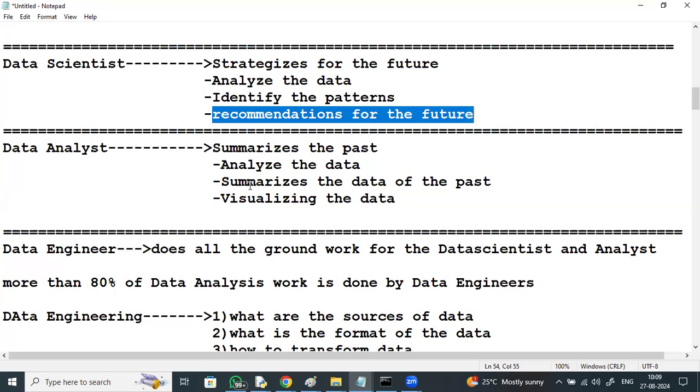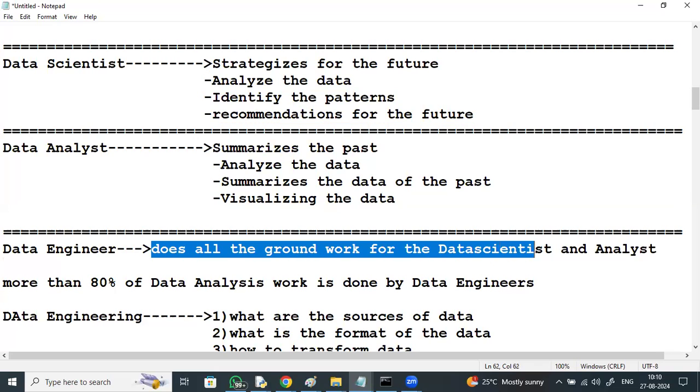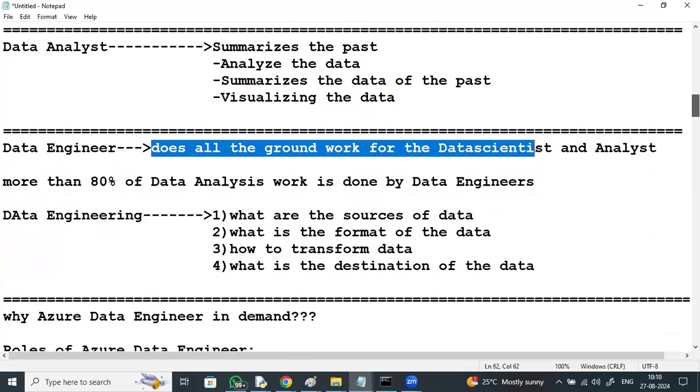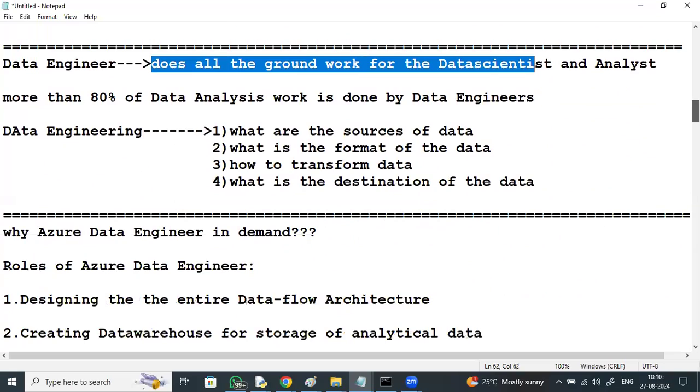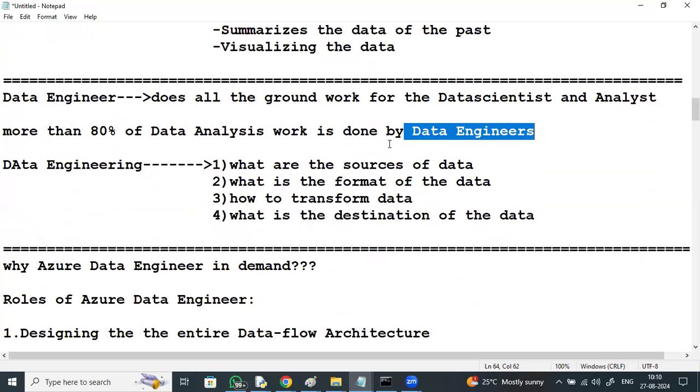The data analyst analyzes and summarizes the data of the past and visualizes it. The data engineer does all the groundwork for the data scientist and analyst, so more than 80% of the data analysis work is done by data engineers.